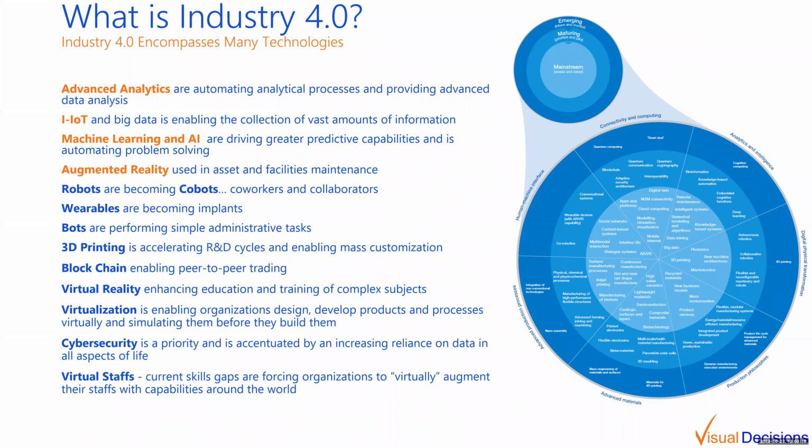And in the outer rings, we see things that are either maturing or just emerging right now. So it has different categories, such as advanced materials, production philosophies, analytics and intelligence, and so forth. So as you can see, there are a lot of different technologies that are part of Industry 4.0.